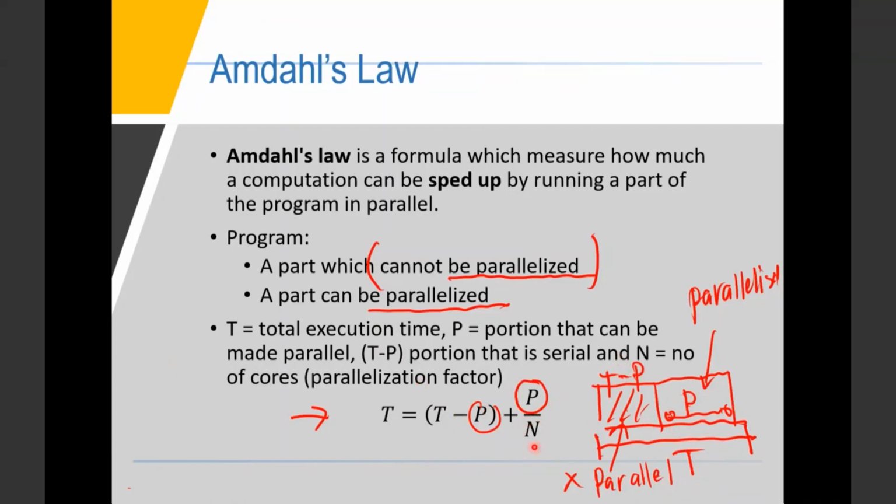So this is the equation to calculate the execution time of the program or task executed, because our program consists of a part that cannot be parallelized and another part that can be parallelized.